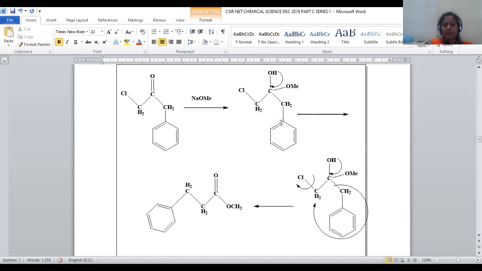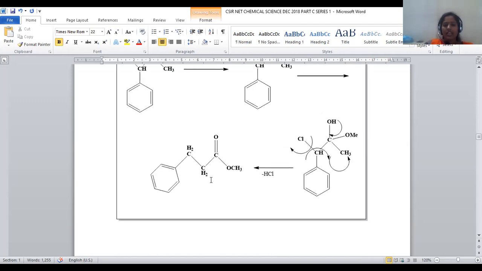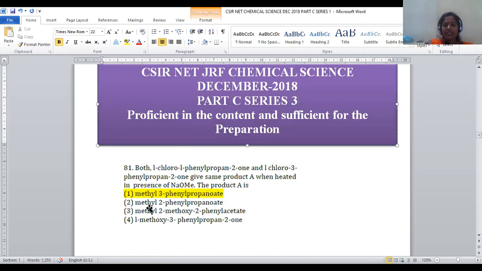So again there is a possibility of this aryl group shifting. Shifting of the aryl group takes place because the lone pair of electrons on the oxygen will be back polarized, and there is a possibility of carbon-oxygen double bond, and this aryl group shifts towards the terminal center, so that we will achieve methyl 3-phenyl propanoate. In both cases, the product will be methyl 3-phenyl propanoate. That's the reason why option number 1 will be the right answer.